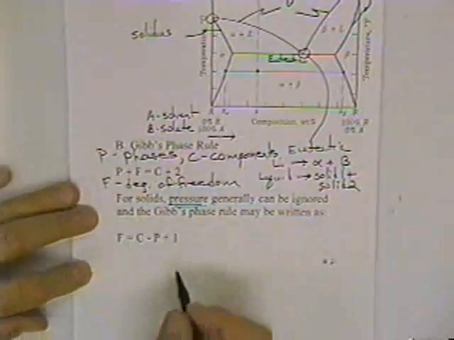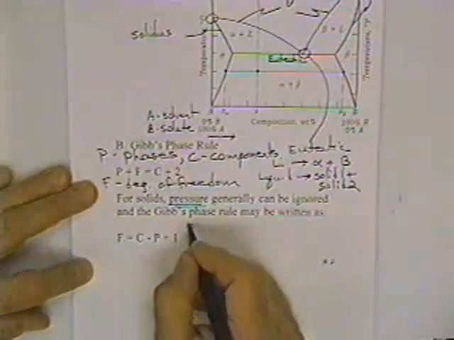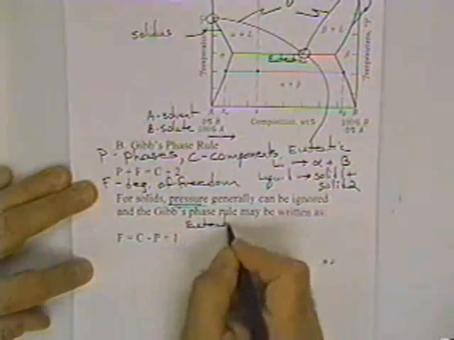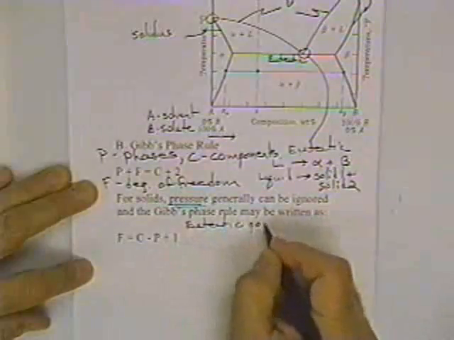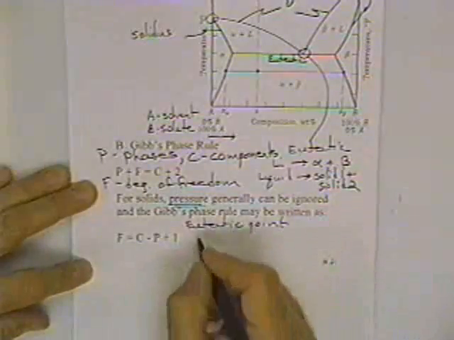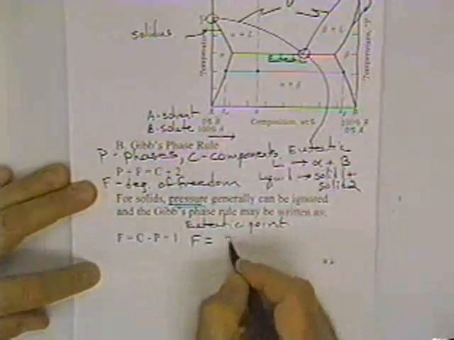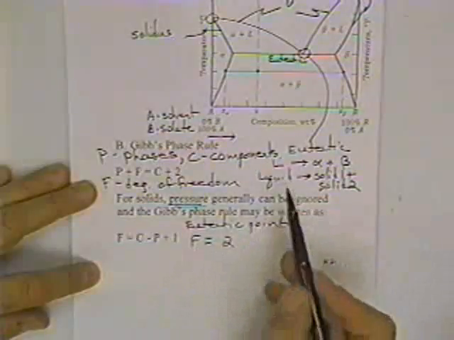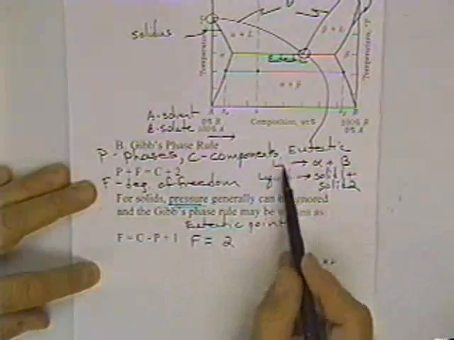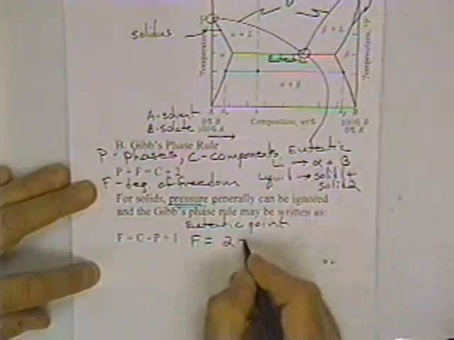Let's take a look at this eutectic point. So the number of degrees of freedom is going to be equal to components. Well, that's 2, A and B. And minus the phases. How many phases exist at the eutectic point? Well, we just wrote this reaction right up here. 1, 2, 3.